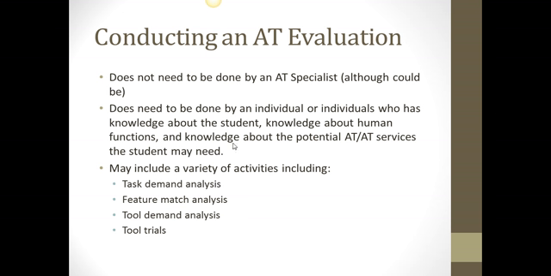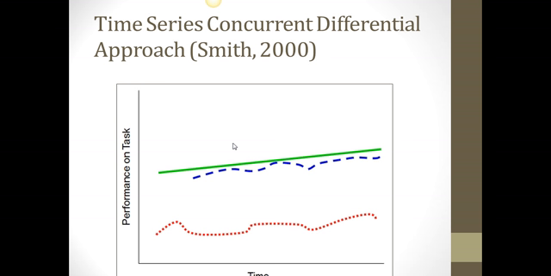I'm going to focus mostly on data collection during those tool trials. So in 2000, Roger Smith, who works up at the University of Wisconsin-Milwaukee, proposed this approach. It's called a time series concurrent and differential approach.